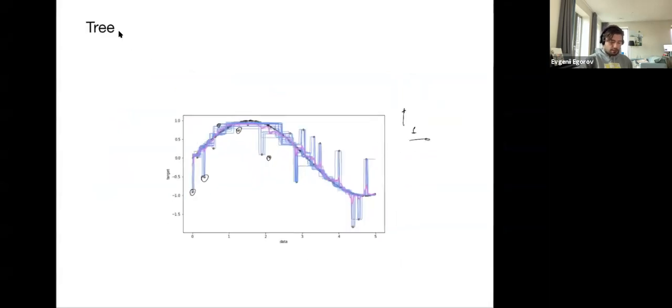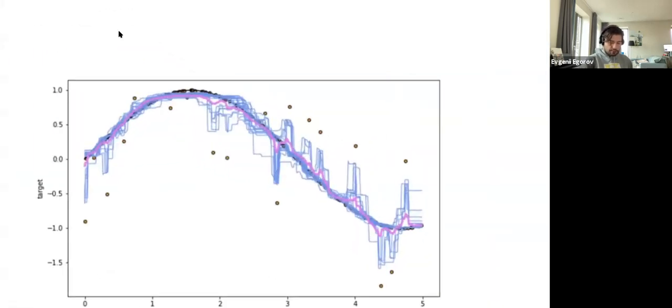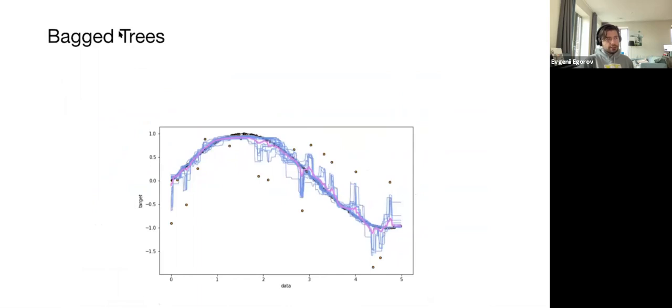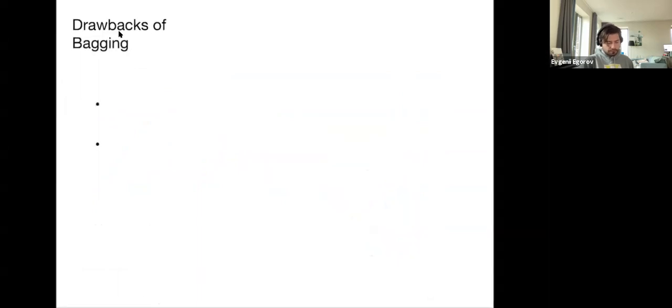On the opposite side, if we train bagged trees, we see different models of bagging trees, of course also somehow influenced by outliers, but a lot less. So we have a much more stable line here. This is just a graphical illustration of the previous statements.